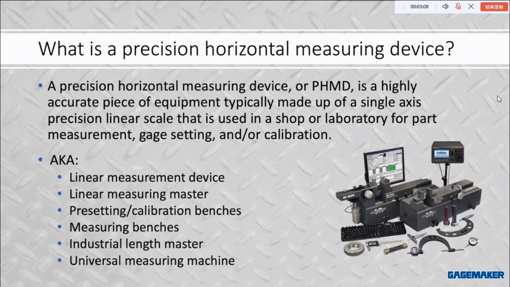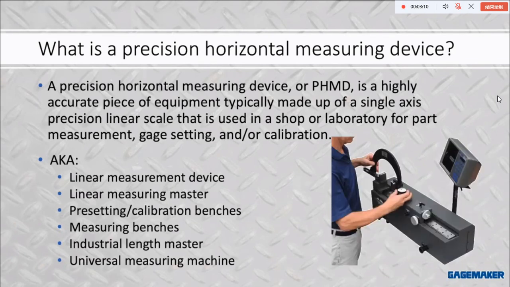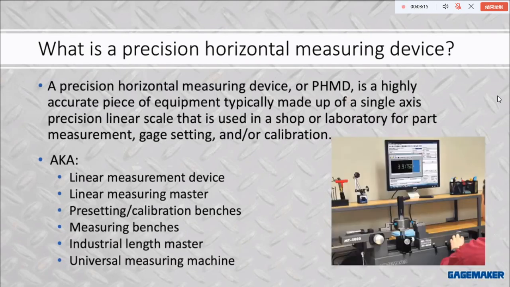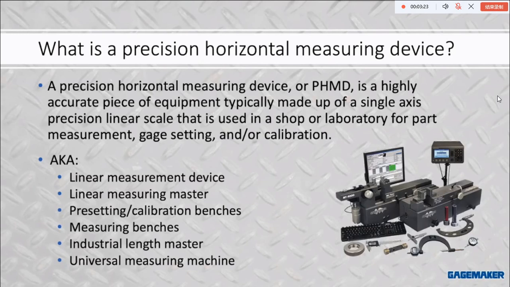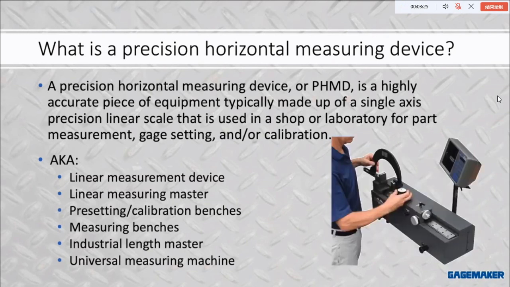Some of the names used to describe a PHMD are a linear measurement device, a measuring master, sometimes they're called presetting or calibration benches, an industrial length master, or a universal type measuring machine, and then the one we offer is a mic track.